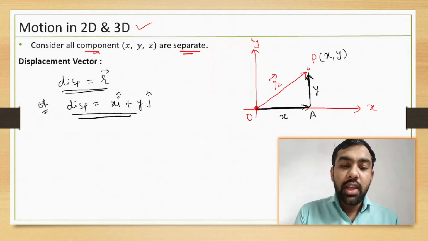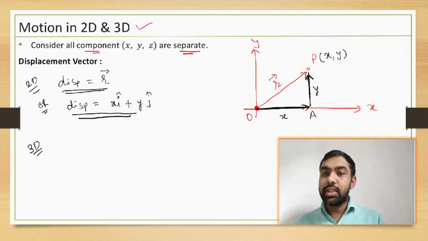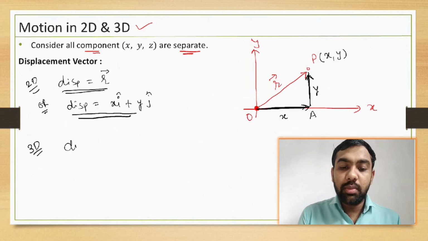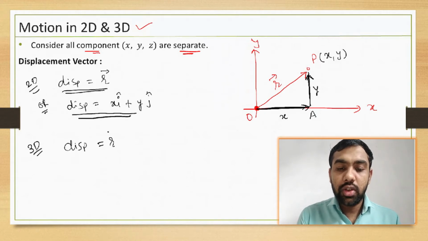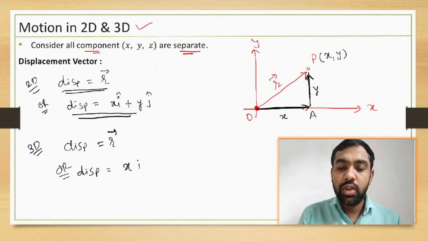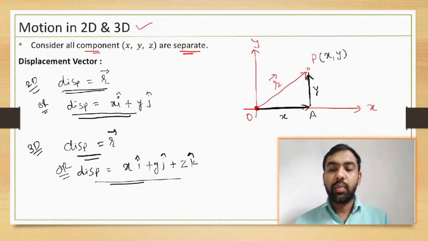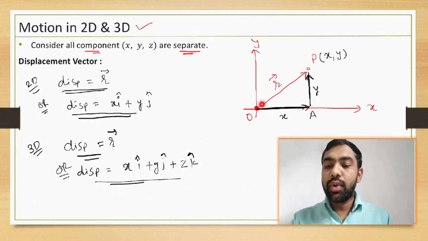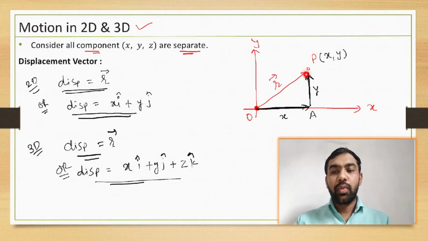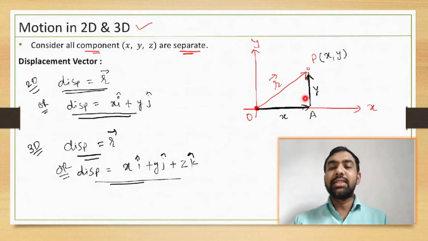Similarly, in three dimensions, the displacement is equal to R, or the displacement is equal to xi plus yj plus zk. Both are the same. Meaning, if you move from O to P along this direction, or if you move from O to P along the x direction and then the y direction, your answer is the same.